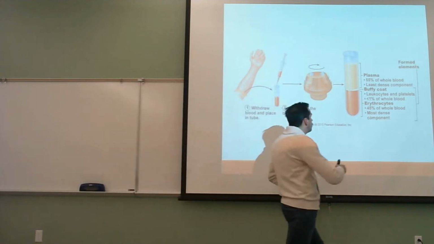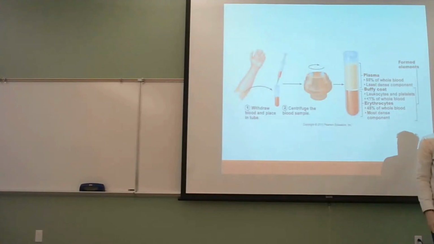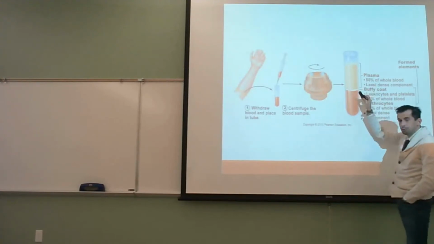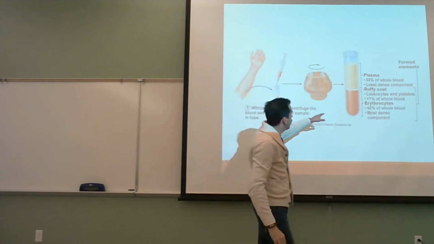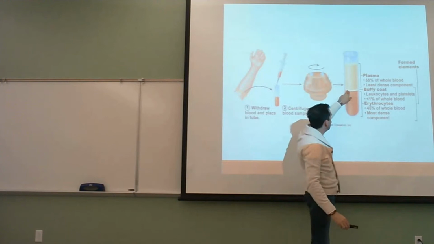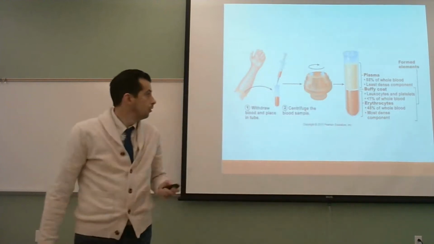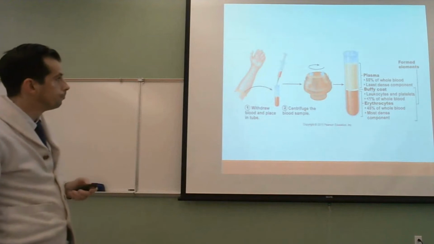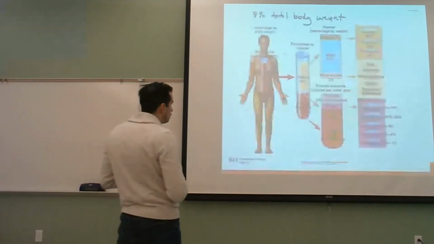What will sink to the bottom will largely be our red blood cell layer. On top will be plasma, pretty much water with some proteins. And in the middle, we'll get our buffy coat. And there's where we'll see our white blood cell or leukocyte components centrifuge out. A small percentage of blood overall compared to the other two layers.